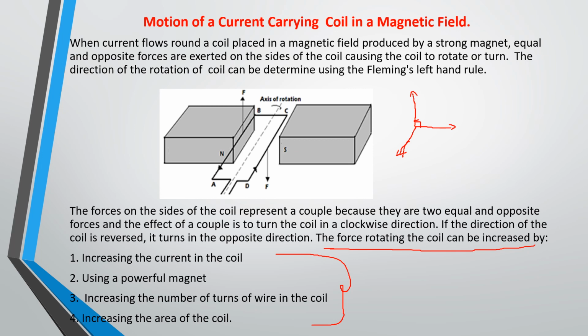The rotation will be in the clockwise direction, but if you reverse the direction of the current, the rotation will also change. Take note of that. These are very key information that you need to take note of.